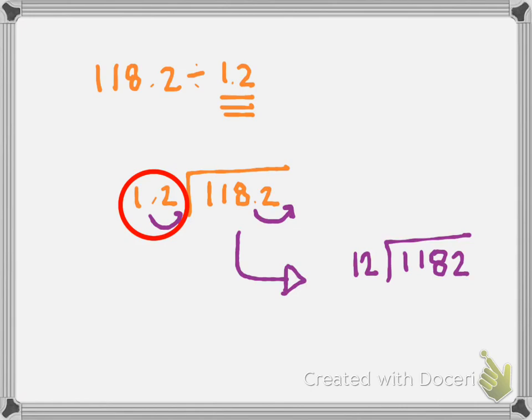The next thing that we talked about was GCF, greatest common factor, and least common multiple.